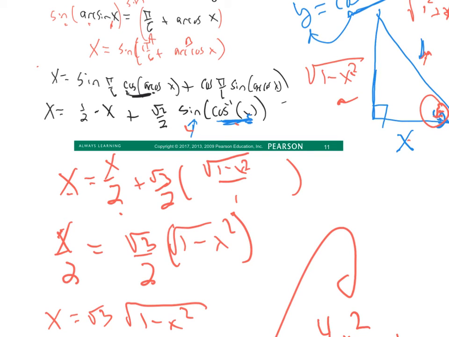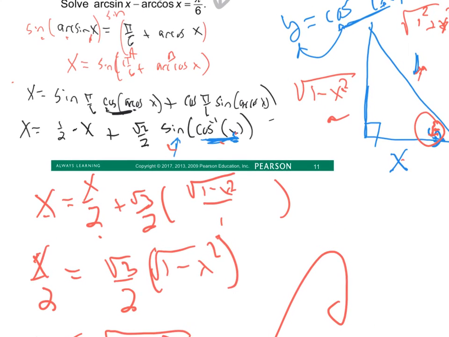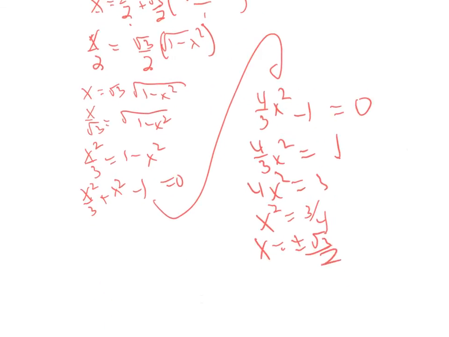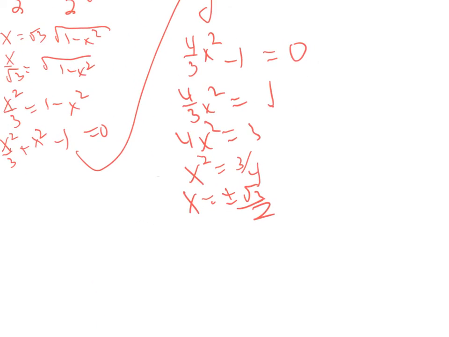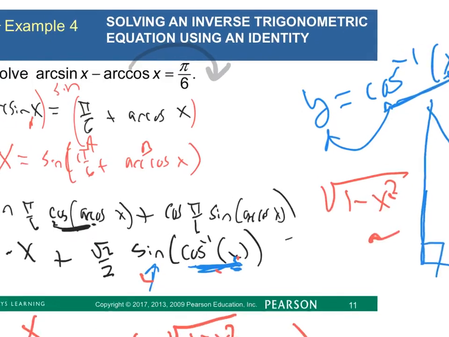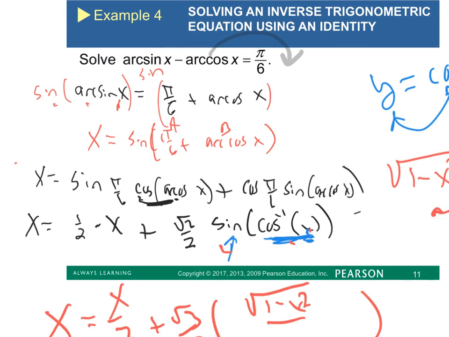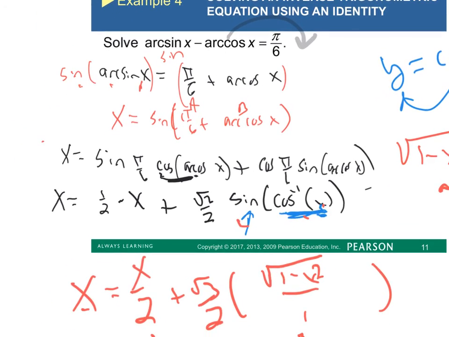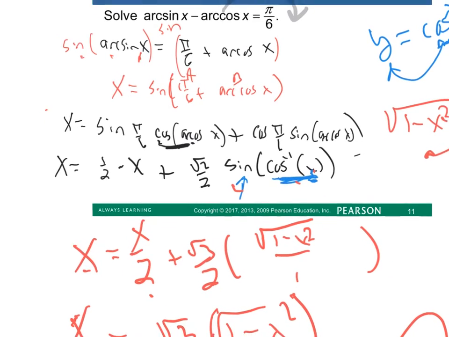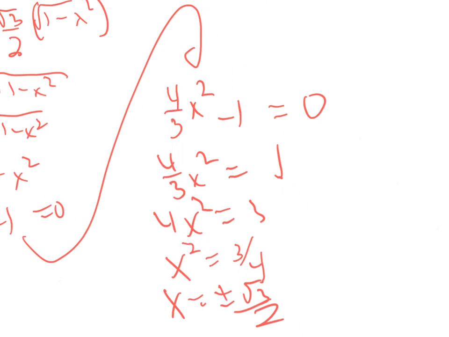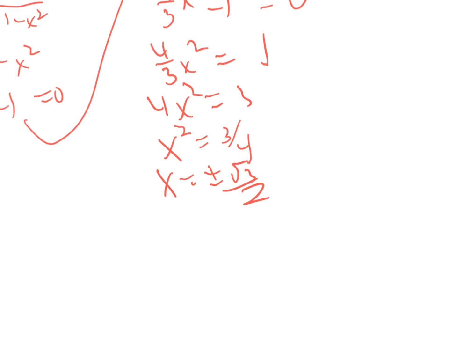Well, x was positive, so I had to be in quadrant 1. I'm going to take just the positive answer. I'm sure there's a fancier way to say just the positive square root of 3 over 2.